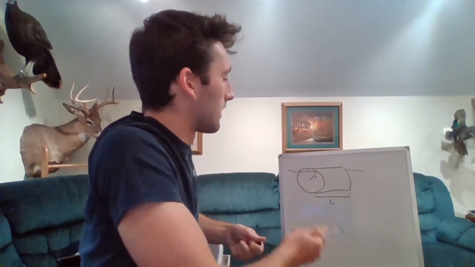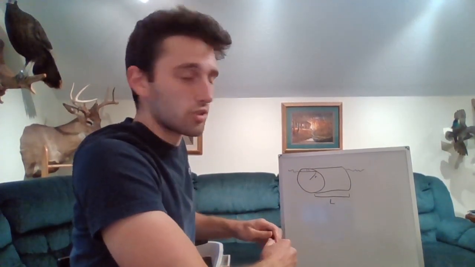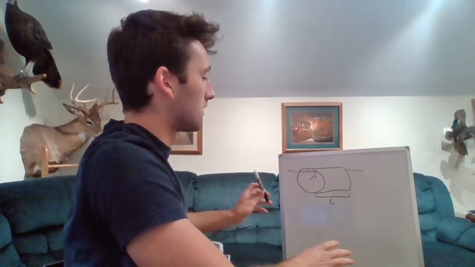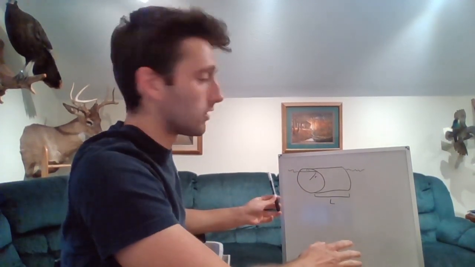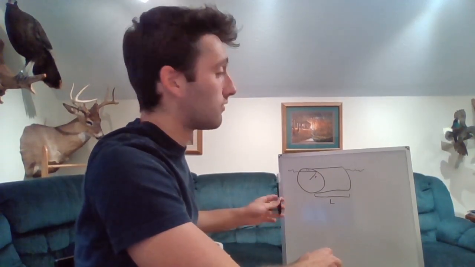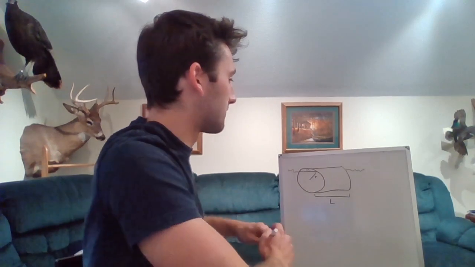So certain things to note about this picture is that we could assume that the velocity of the log is 0, which means the acceleration of the log is 0, which means the net force on the log is also 0.